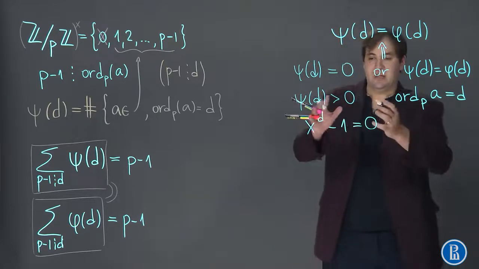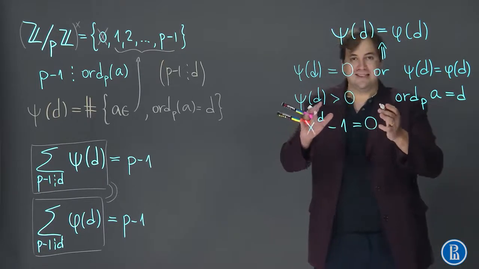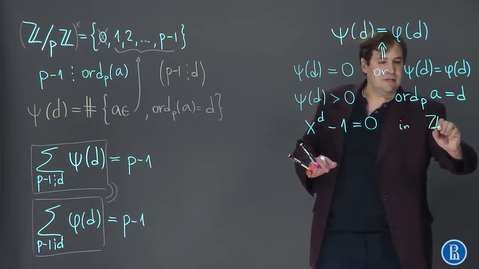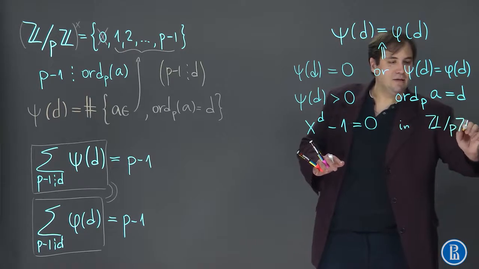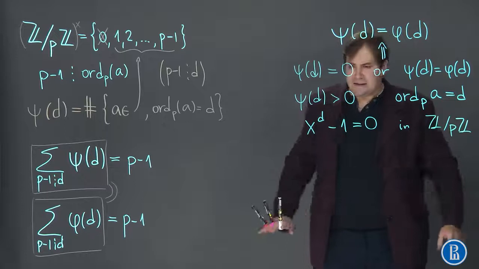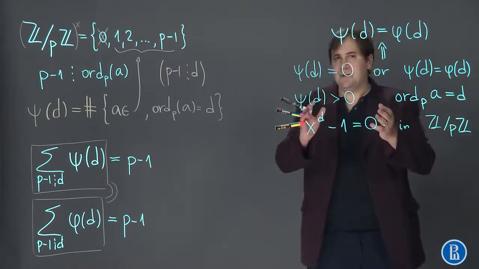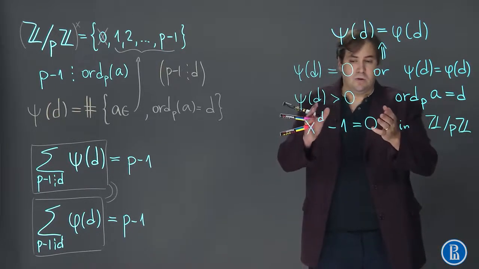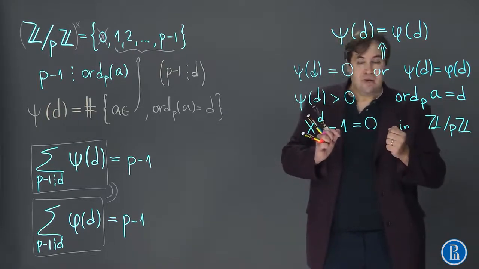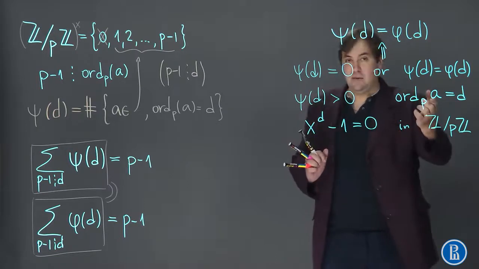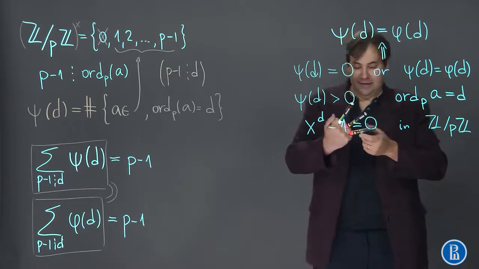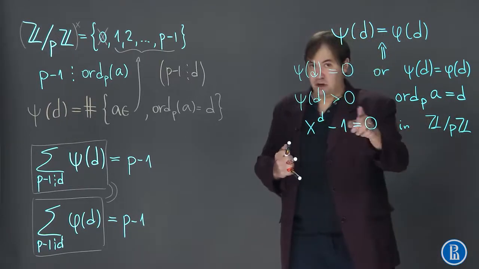Of course, this polynomial and this equation we consider within the field Z over pZ. We understand that it is an equation of degree d, so it has no more than d roots. At the same time, we have a, whose order is equal to d. So we understand that a is one of the roots of this equation.